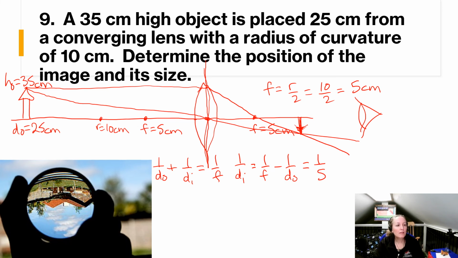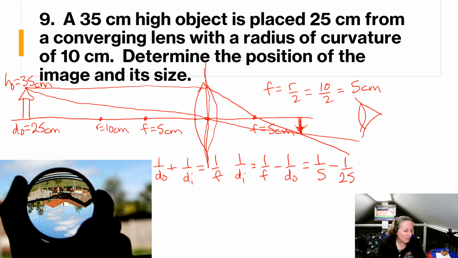Now, this time, when the focal point is on the same side as the eye, that's where we want the stuff to show up. The image should be on the proper side of the lens closest to the eye. That's how my brain thinks about it. So it's going to be a positive 5. And then we have minus 1 all over 25.